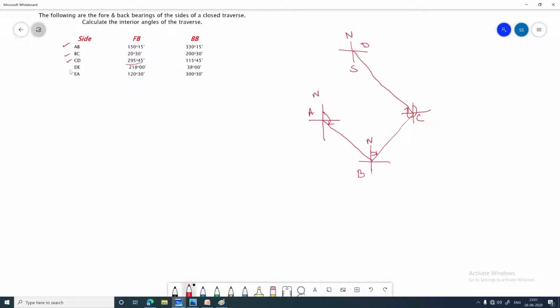Now the DE, this is 218 degrees. 218 means it is something like in between this, right? So let's make it here.